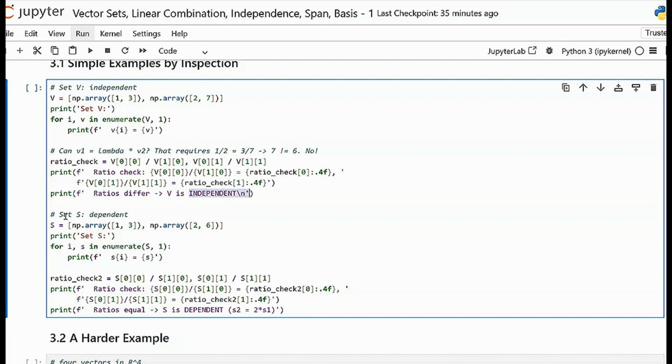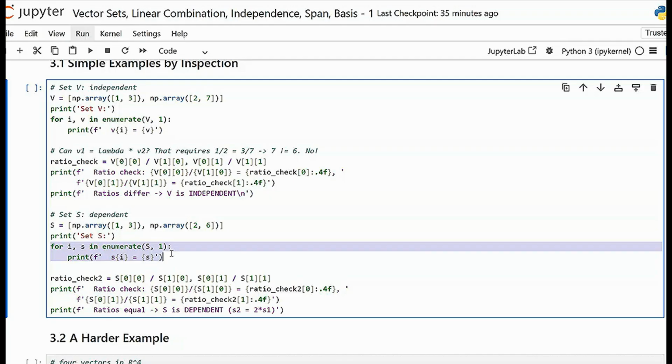And here we have one more example that discusses the dependent case. Here we have the same vector set, named as set S. With this for loop, we are going to print the vectors.